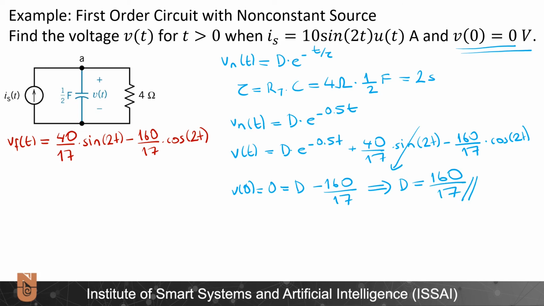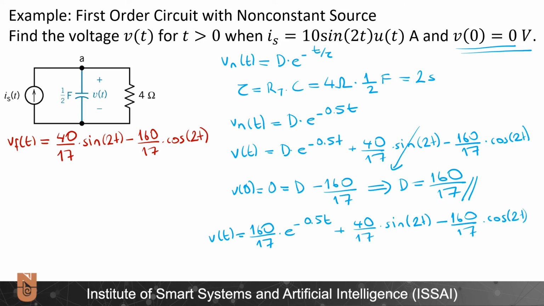And accordingly, V(t) is equal to 160 over 17 times e to the minus 0.5t, the natural response, plus the forced response of the form 40 over 17 sine 2t minus 160 over 17 times cosine 2t.